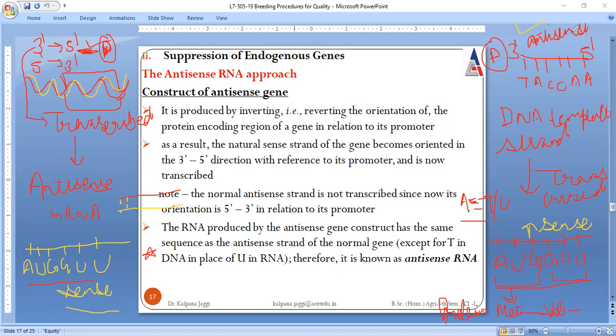It is to be prepared, right? How can it be prepared? It is produced by inverting the orientation of the protein coding region of the gene in relation to its promoter.